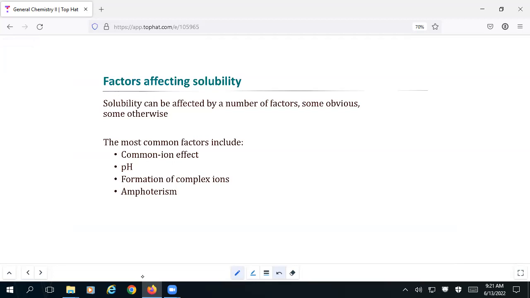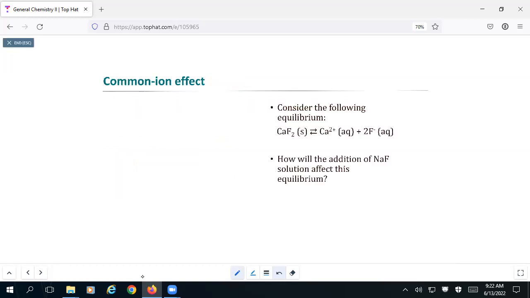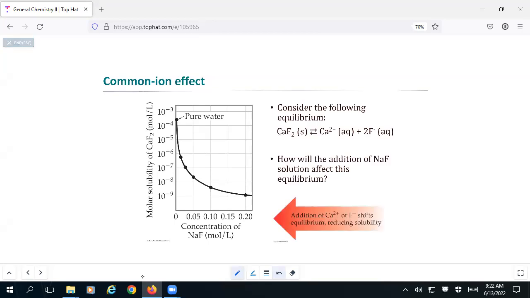So let's come back to these factors that impact solubility, and let's take a closer look at each of them. Now, we've already mentioned the common ion effect, and we looked at something like this. I just wanted to show it graphically here.